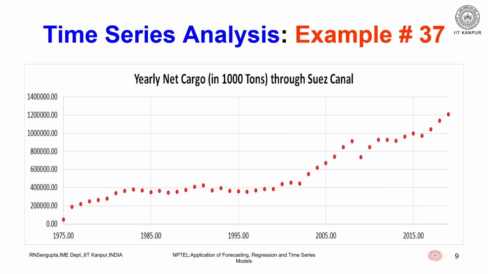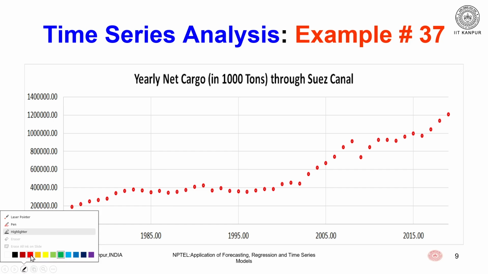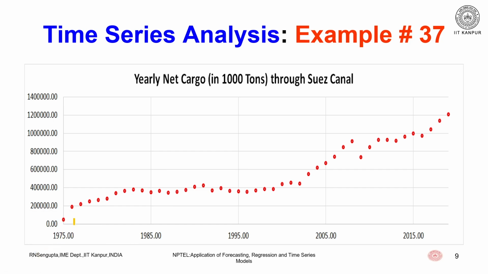Now, rather than considering the concept of variability, let us consider here the concept of the first moment, which is the trend. So, I will use the orange line. If you see from 1975, by the way, along the x axis you have the time frame in years, 1975 to about 2015 to 20, and along the y axis we have the yearly net cargo in 1000 tons.